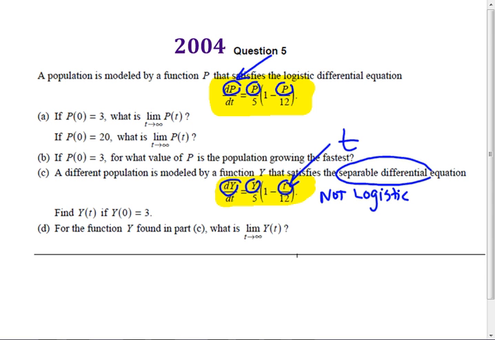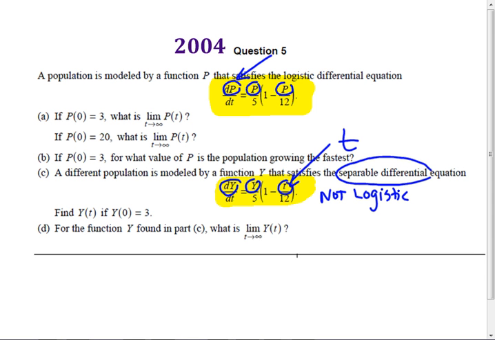There it is. That's the equation, but who cares? Don't memorize it. Okay, guys? David, what's the answer to A? If P of 0 is 3, what's the limiting value for my population? That's what we're doing, A. That's why you need to be paying attention.